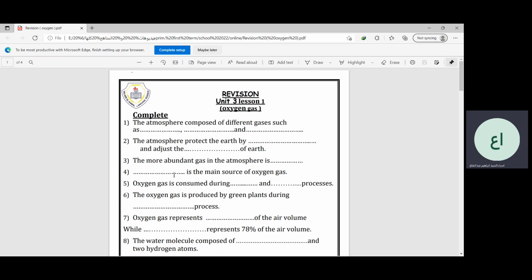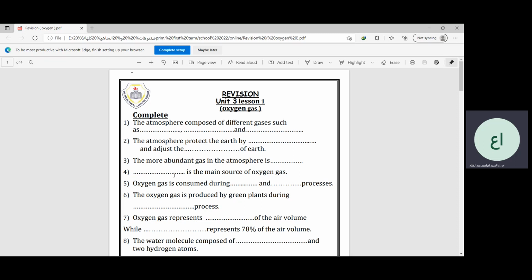Number 4, green plants are the main source of oxygen gas. What is the main source of oxygen gas? It is green plants. How do they produce oxygen? During the photosynthesis process.